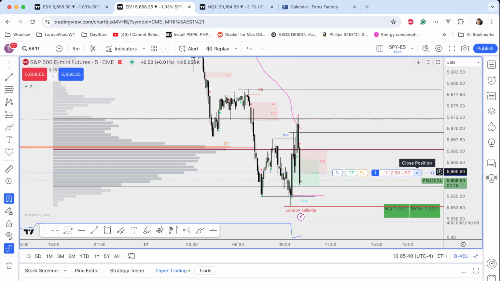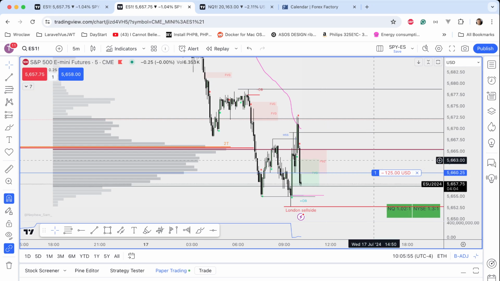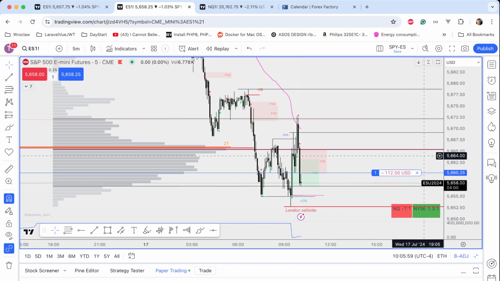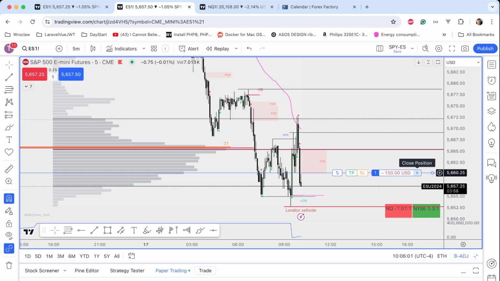Yeah, because now it looks like it could continue lower. But at the same time, how much lower do you want to go? London sell side. It's possible. It is possible. We can go there.